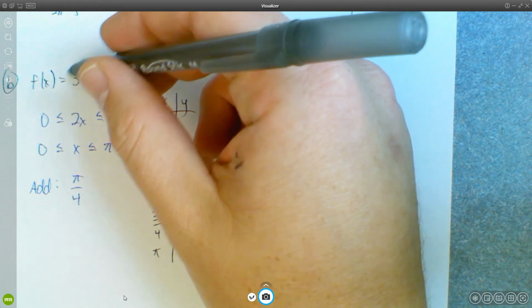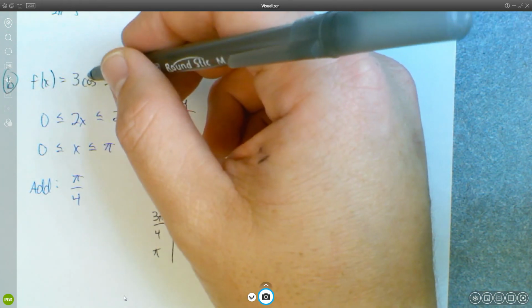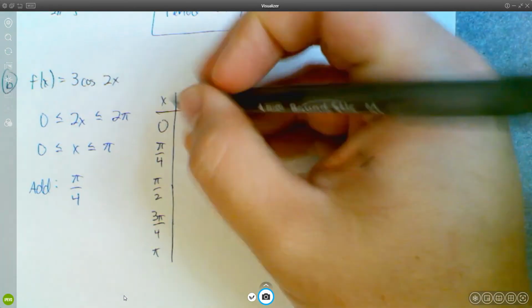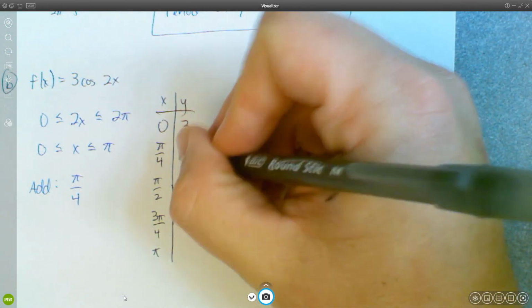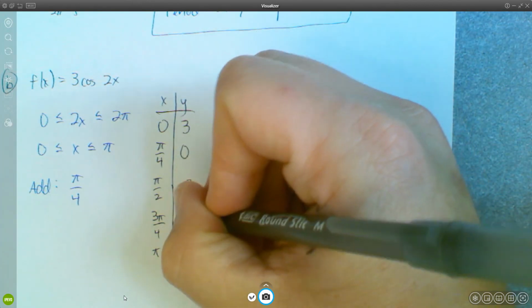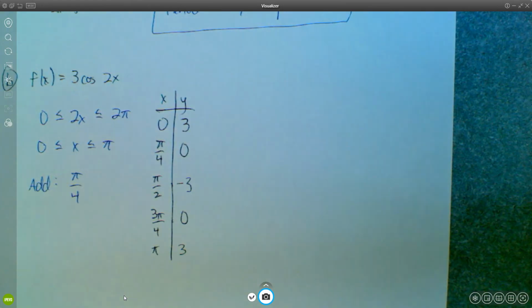Now, we also need to multiply the outputs by 3, and this is the cosine function, right? Cosine usually starts up at 1, but we're multiplying by 3 now, so we're going to start at 3, and then go down to 0, and then go down to -3, and then go back up to 0, and then end where we started at 3.